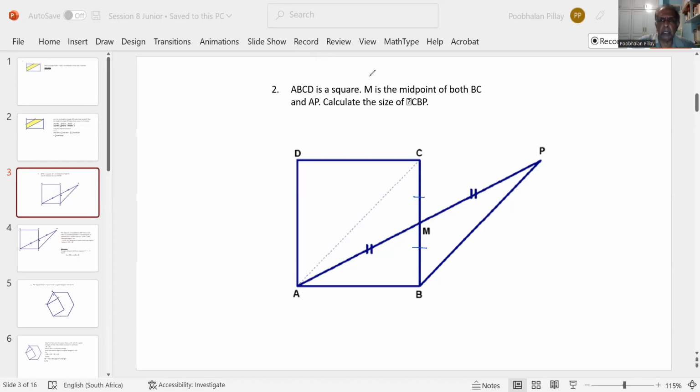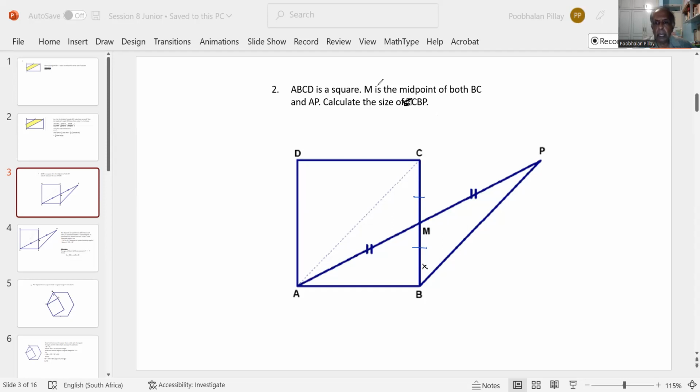So what you need to calculate is this angle here, CBP. Let's trace it. So let's give an angle, let's call it X. Calculate the angle CBP. Right, so the problem is, what is this angle?